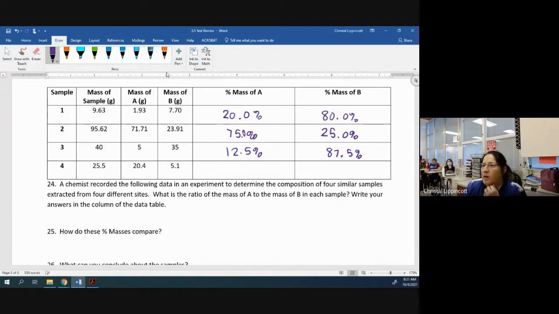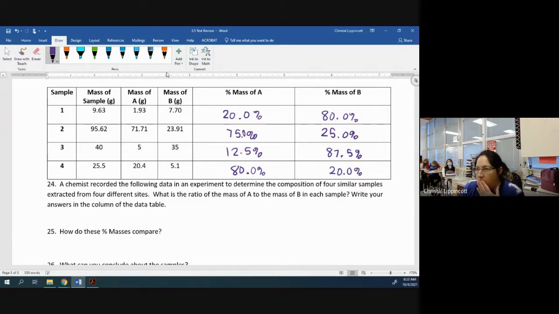And this is 80%, which means, oops, I should keep this to the tenths place, this is 20%. Okay.